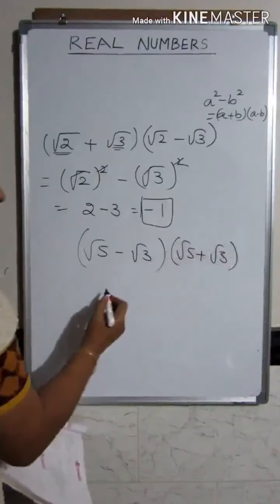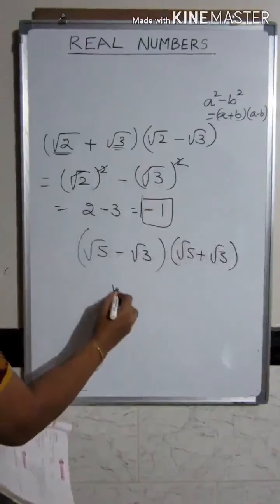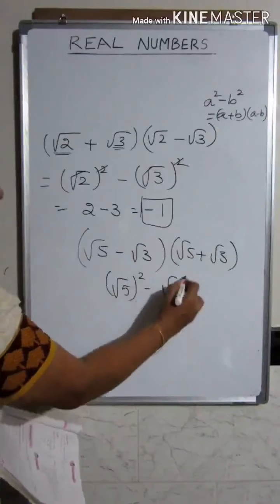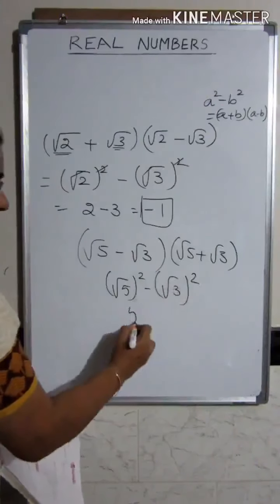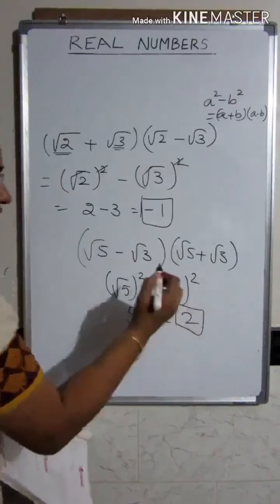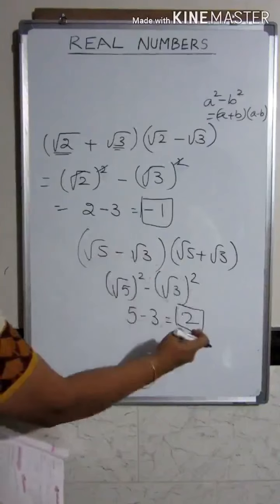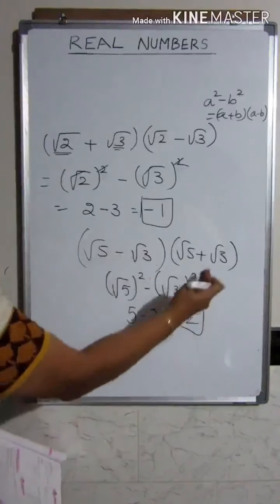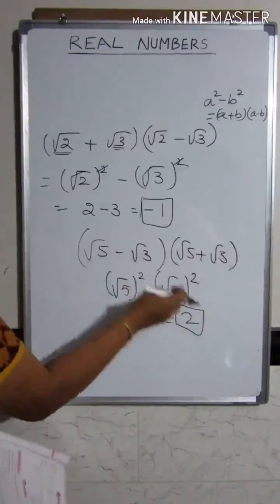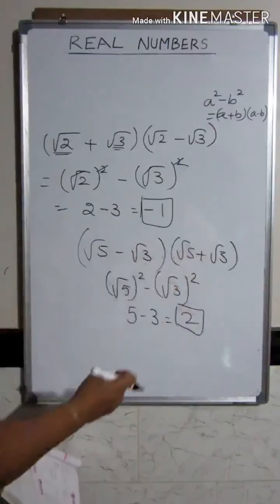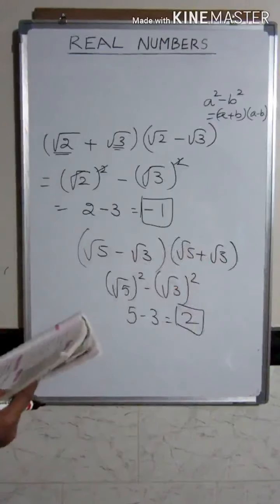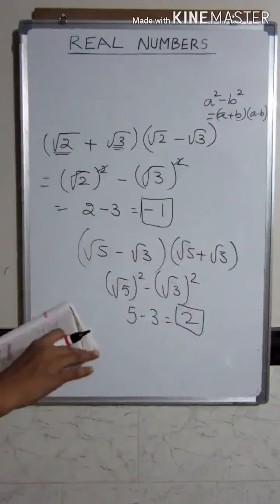When you write it in the form of a square minus b square, you get root 5 whole square minus root 3 whole square, which is 5 minus 3, equal to 2, a rational number. So rationalizing factor means you have to get a rational number. The term to be multiplied to get a rational number is called a rationalizing factor, or a conjugate surd in binomial quadratic surds.